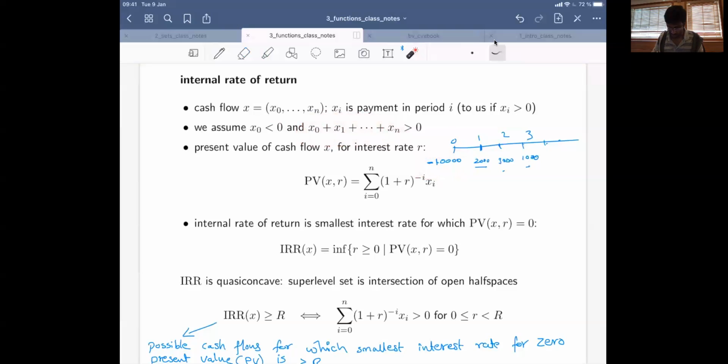We assume this, but this is a very weak assumption, because there are many concepts like inflation, interest, and many things in finance, right? But this doesn't take care of that. So one thing is interest.